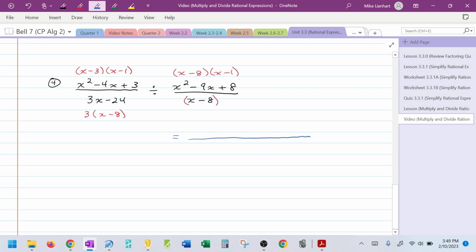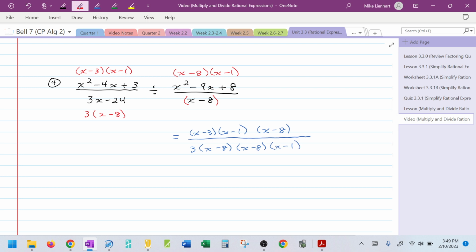I have the first numerator, x minus 3 and x minus 1. I have the second fraction's denominator comes up because it's division, and that's x minus 8. I go to the first denominator, 3 and x minus 8, and I take the second numerator and flip it down. So that's going to be x minus 8 and x minus 1.